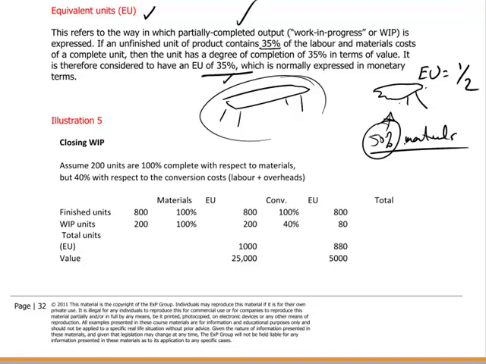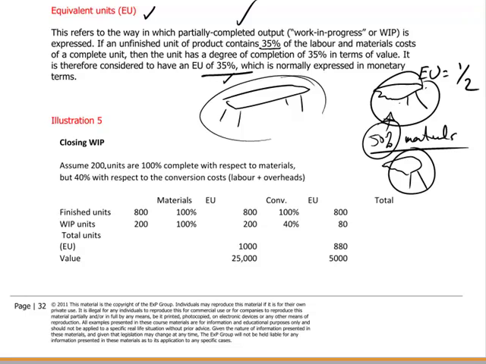If I look in the workshop and I have two partially completed tables, two halves, then my total work in progress would have a total value of one equivalent unit, simply adding together these two partially completed units. So it's a way of precisely quantifying the degree of completion and assigning a value to the partially completed item.